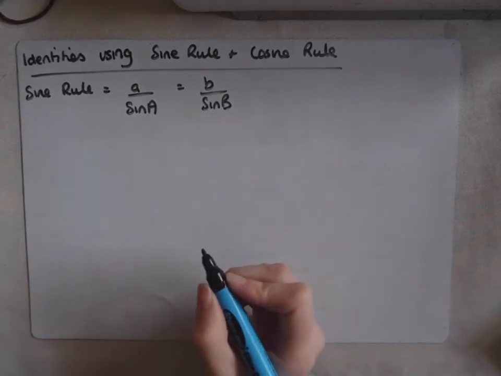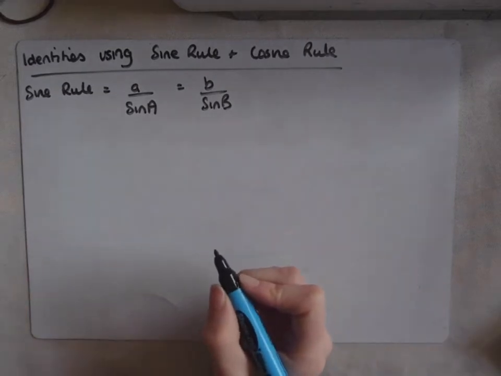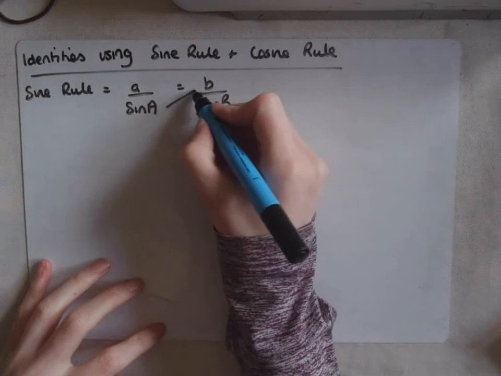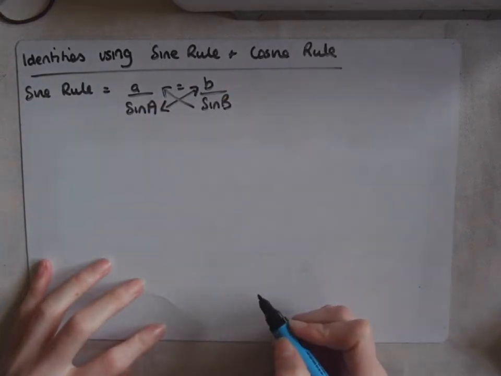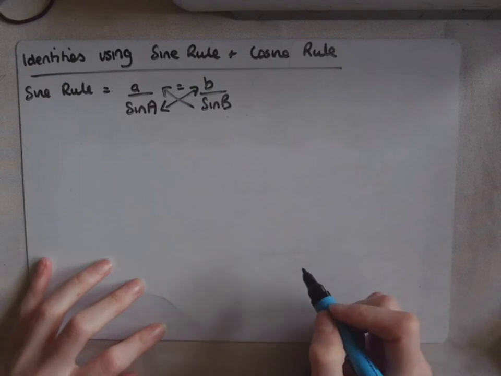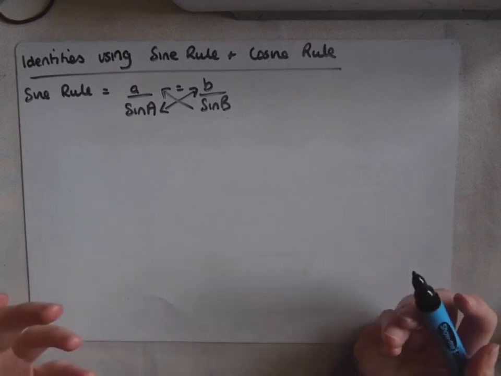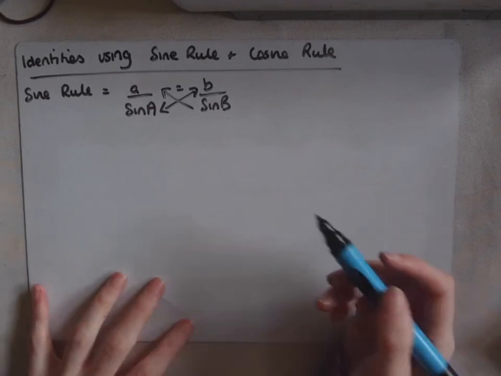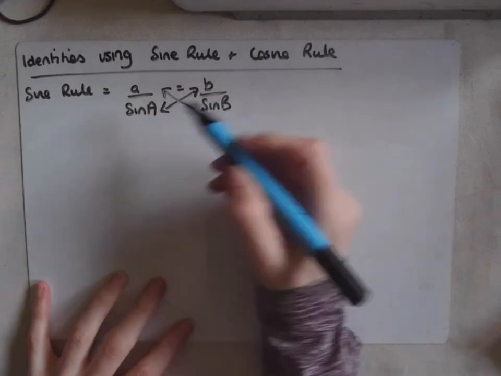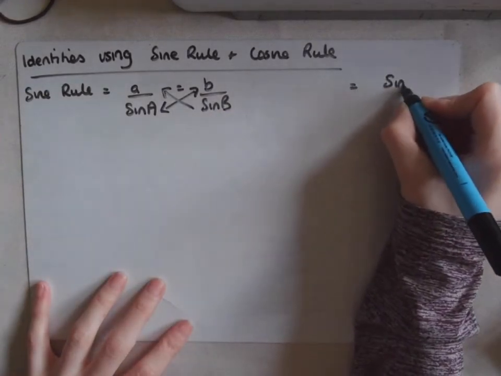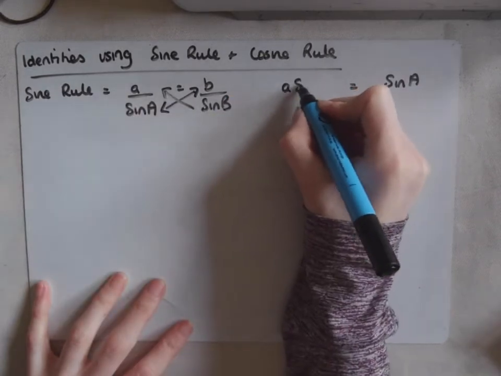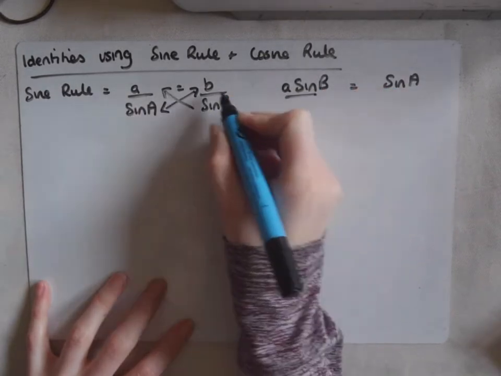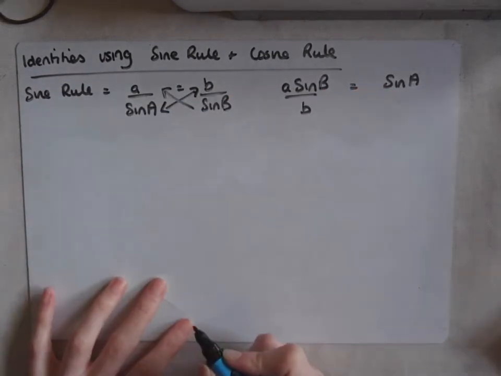If I cross multiply, I'd be able to get sine A on its own or sine B on its own, bringing that sine A up and that sine B up, and that b comes down, just cross multiplying.